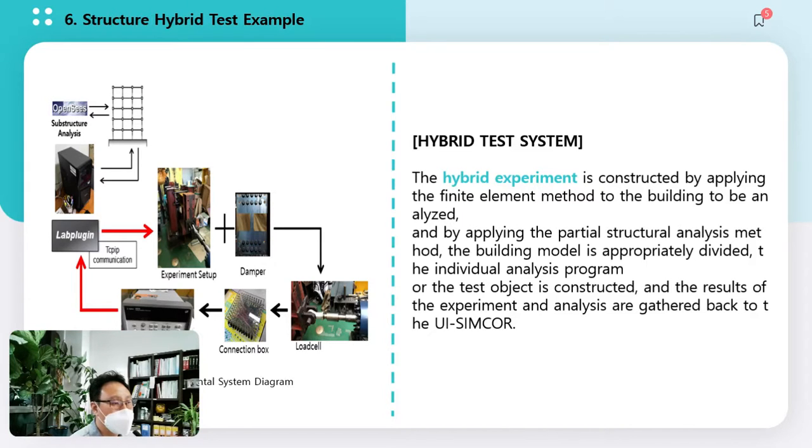Construct individual analysis programs or test subjects and recollect experiment and analysis results into UI. The left picture is a diagram of the process of interacting experimental data through relay flow during a hybrid experiment.